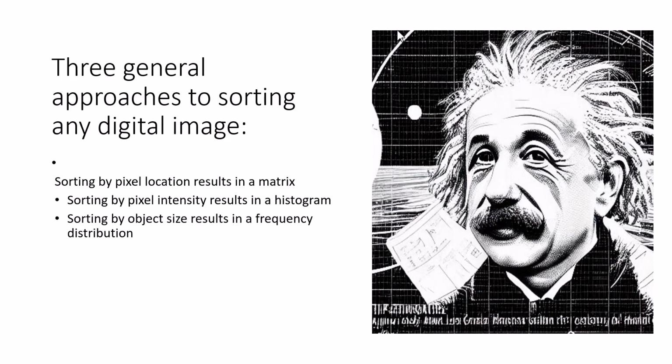So when we're looking at this from a physics standpoint, if we sort by pixel location, that results in a matrix. If we sort by pixel intensity, that results in a histogram that we would map to the matrix. And sorting by object size results in a frequency distribution that we map.